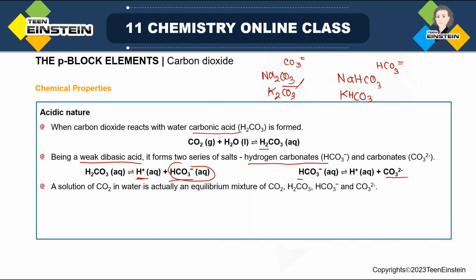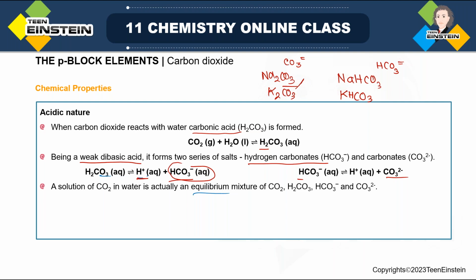So in a solution of CO2 in water, there is equilibrium of these four species. So total four species you can find when you consider the water solution. There is equilibrium between all these species. So why is there equilibrium? Because it is not a very strong acid. So the dissociation will be there, but mostly it will remain in undissociated condition.